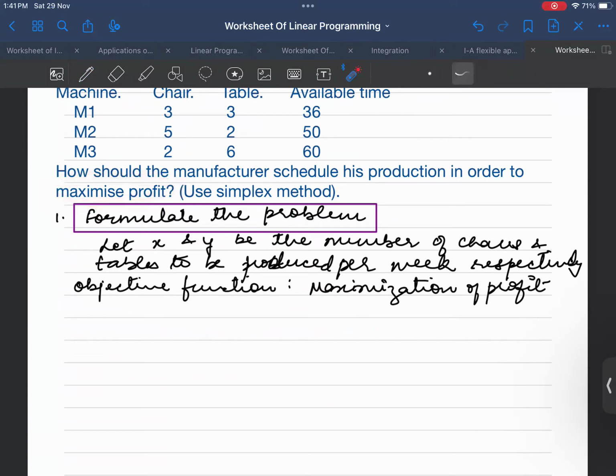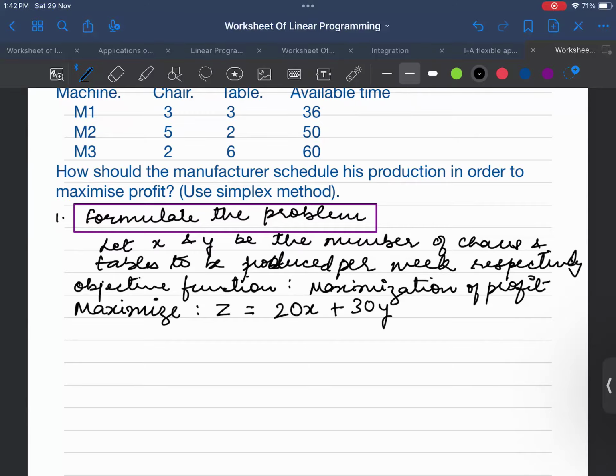So we will write the objective function: maximize Z equals 20x plus 30y.